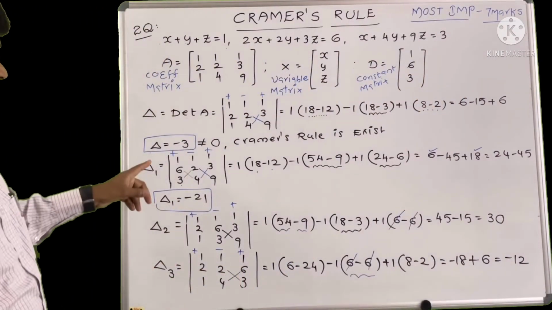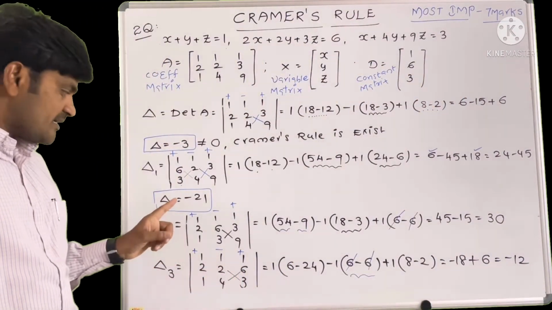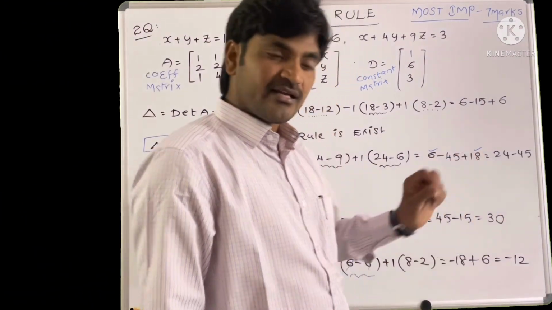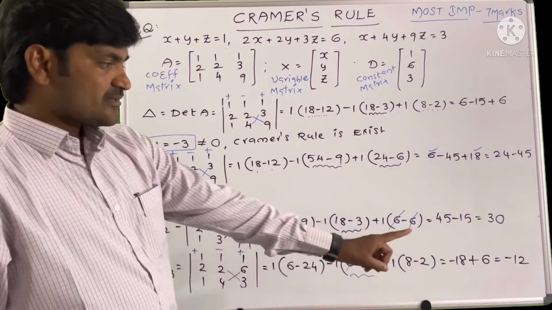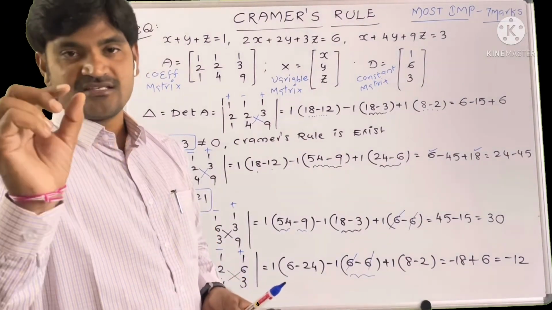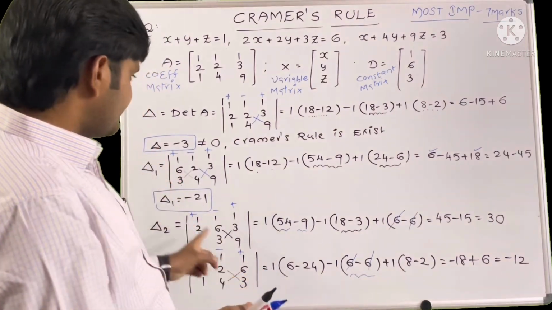So delta value is minus 3, delta 1 value is minus 21, delta 2 is 30, delta 3 is minus 12. Now we apply the x, y, z formulas by using these 4 values.